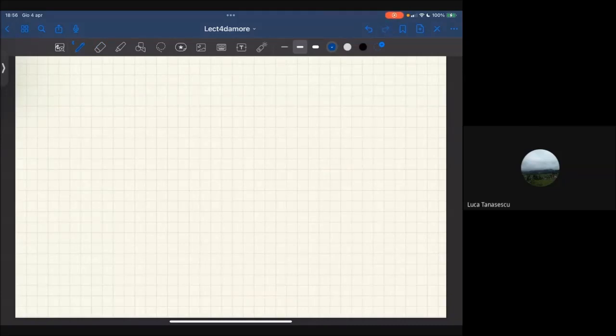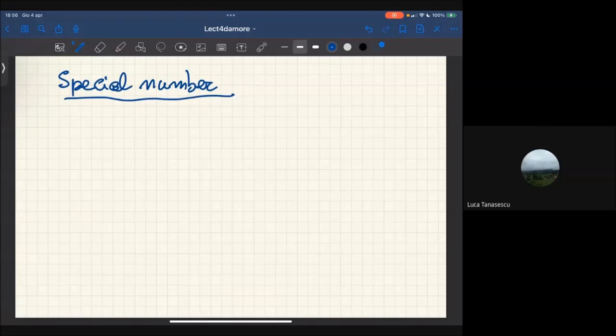There is a special number, this is a definition. It is called the totient number. More precisely, the totient function.